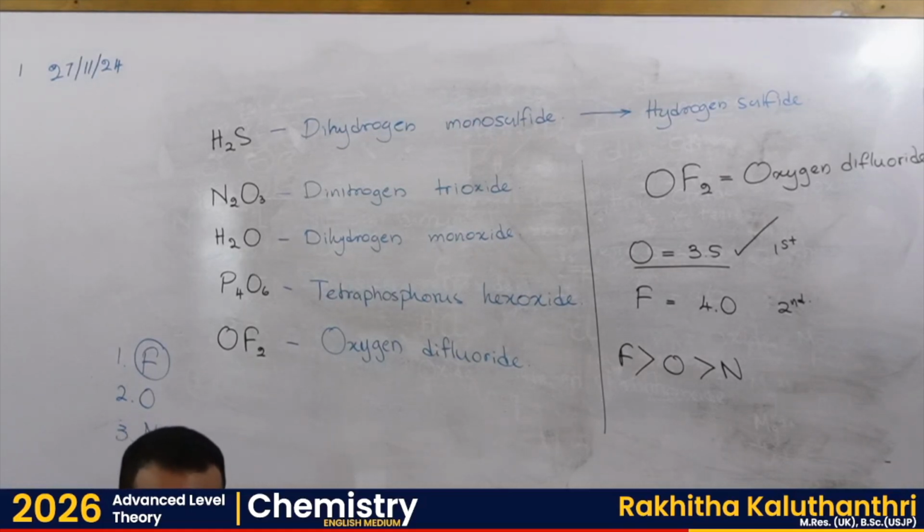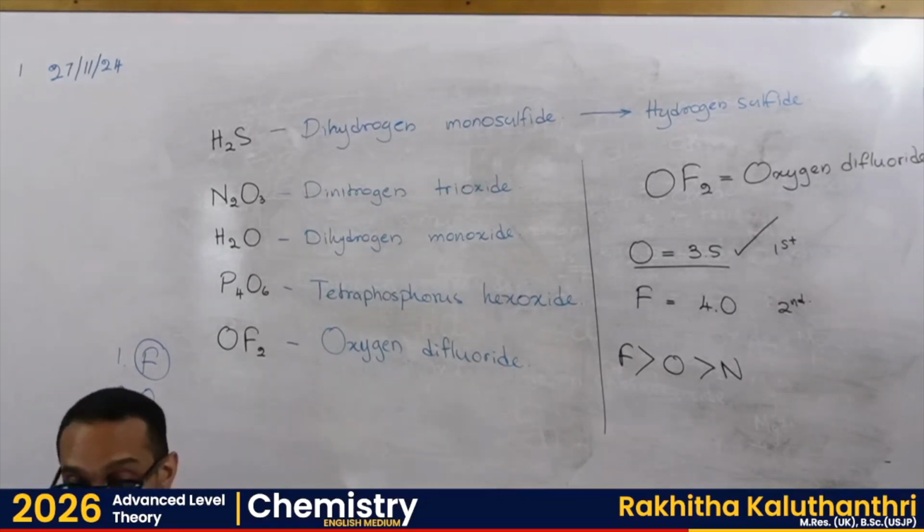So yes, all the others are okay. Dichlorine heptoxide, yes. Now I will explain certain parts, like certain issues. Thanks, Rakhitha. So I will explain certain things that you need to correct.